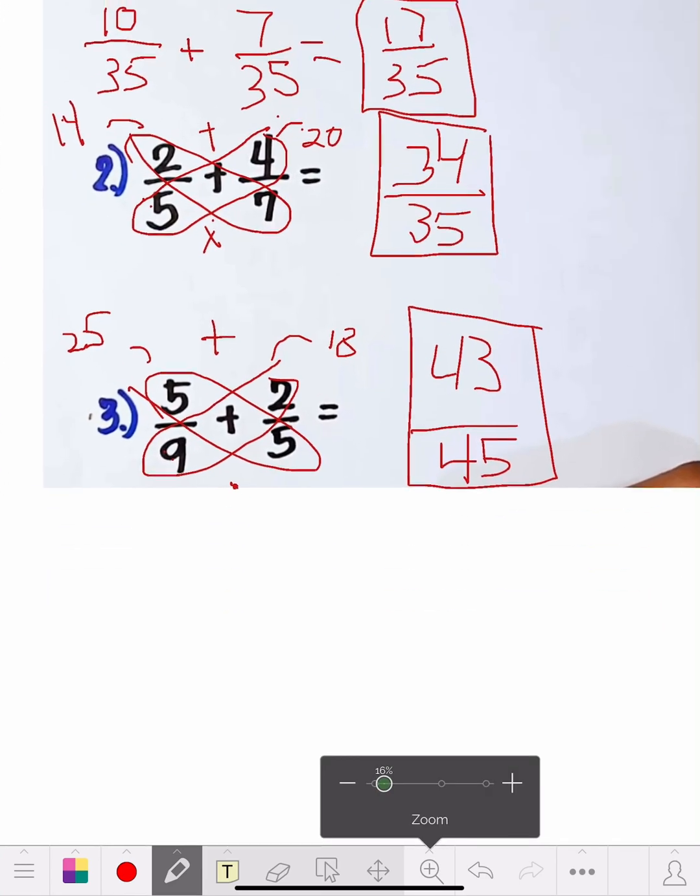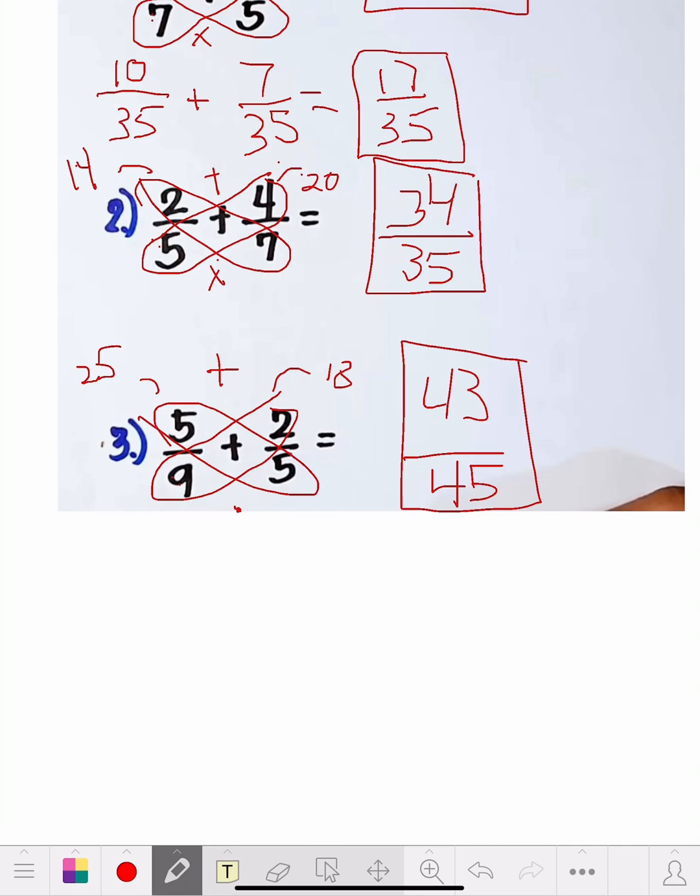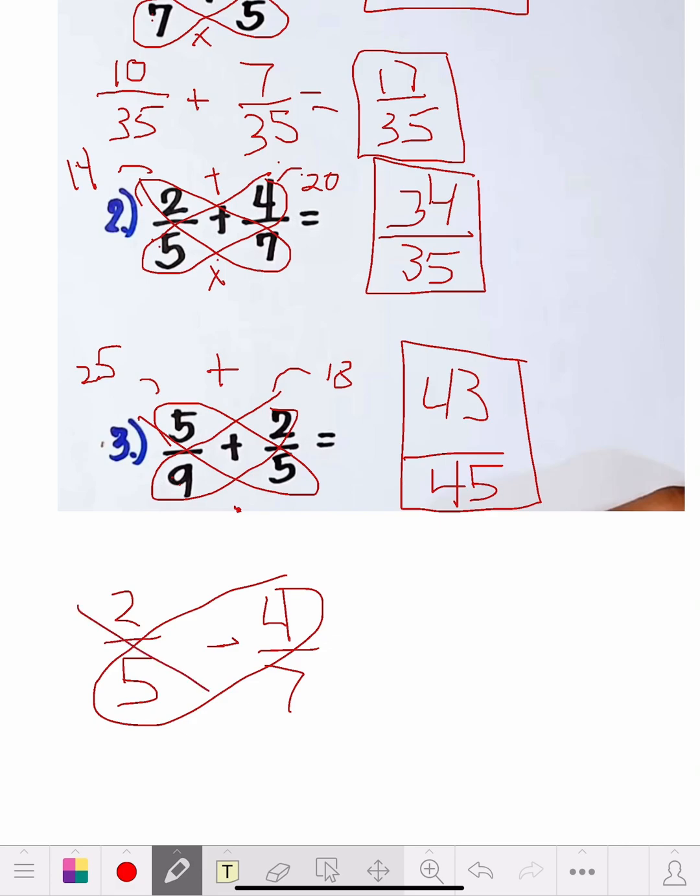Now, let's say we did this one here, 2/5 minus 4/7. Let's see how this would work. We do the same little butterfly thing. Make the butterfly, carry the little antennas up here. So 7 times 2 is 14. 5 times 4 is 20.